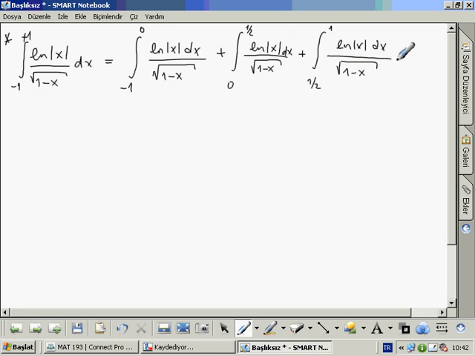Look at it. This point is a vertical asymptote, because the interior of the ln cannot be negative, and plus 1 is a vertical asymptote, because when you put the value 1 in the denominator you obtain 0, and 0 is a singular point.